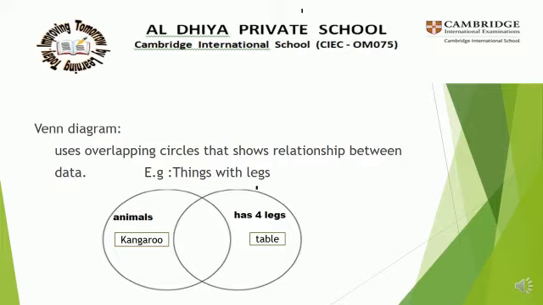The first circle is animal. The second one is has 4 legs, that is table. In the middle, where the two circles are meeting, we have to write the thing that is an animal that has 4 legs. So here I have written cow.